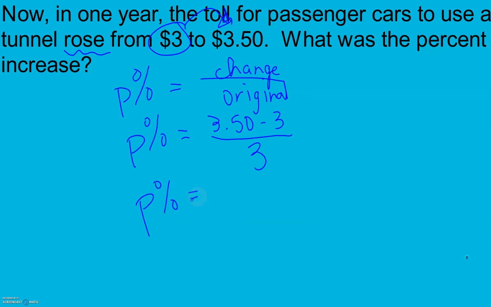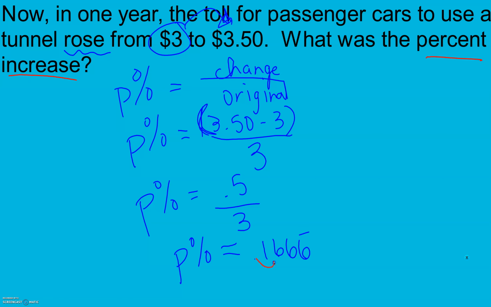Subtract first and do these in 2 different steps. Otherwise, make sure you put this in as parentheses. Okay, otherwise do it in 2 different steps. Subtract first and then divide. Here I get approximately 0.16666 repeating, okay? We want to write this as a percent increase.